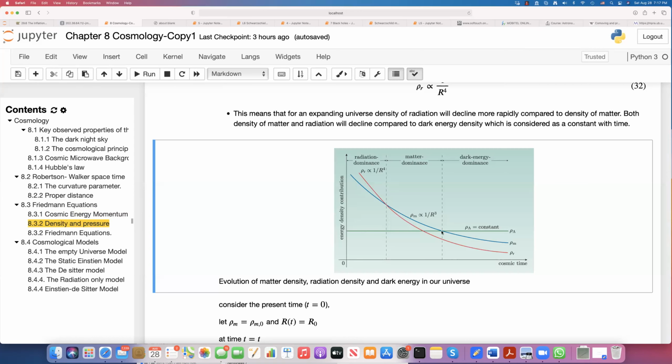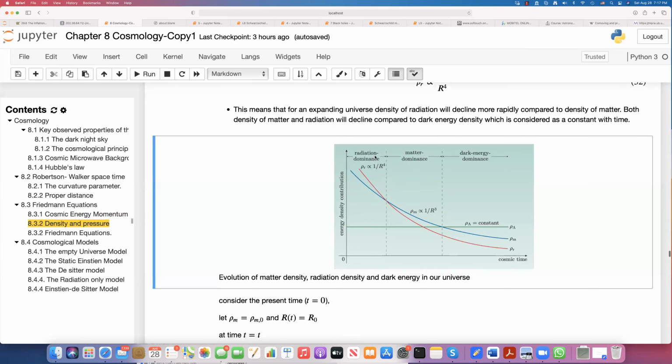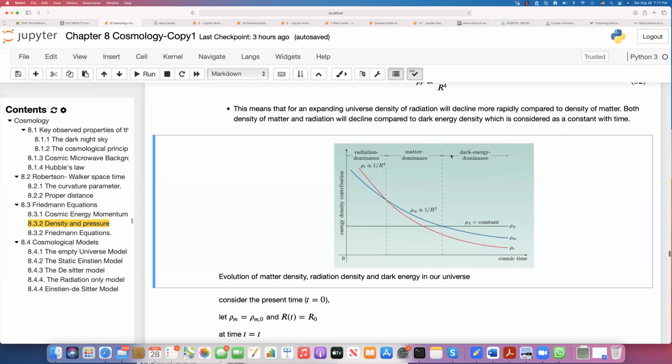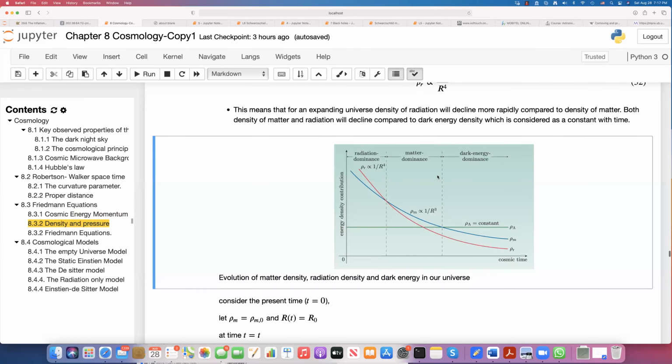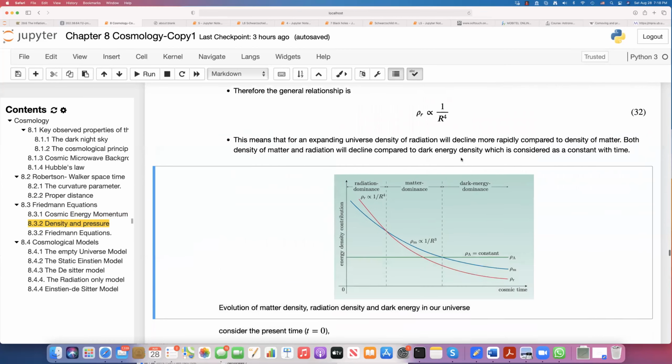And because of that, the dark energy will be dominant in this era after this point. I have not mentioned the times exactly, but that's what happened. So initially we had a radiation dominated universe, and then a matter dominated universe. Now we are in a dark energy dominated universe, right? So those are the three scenarios, and we have explained mathematically here why that is, based on the scaling parameter.